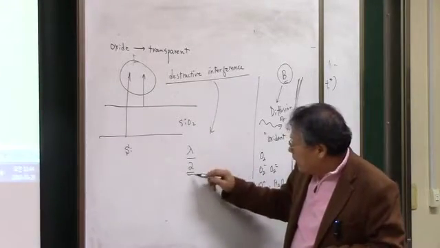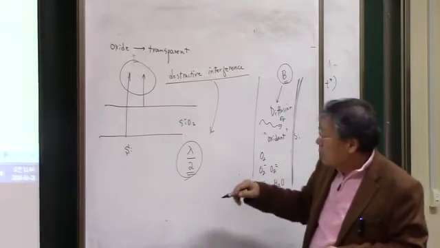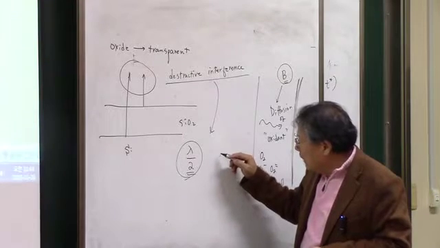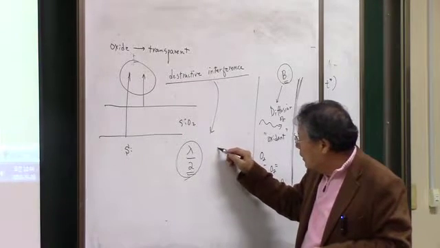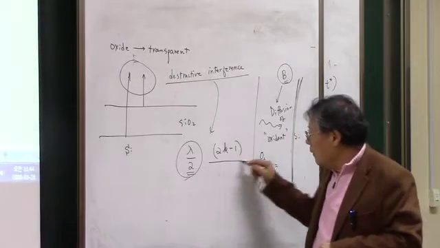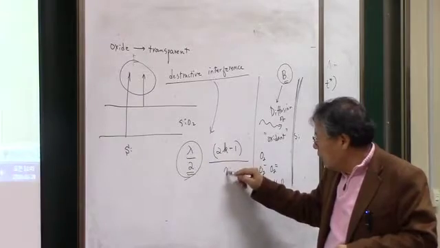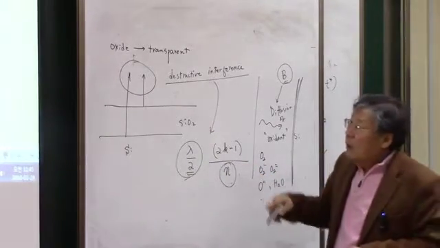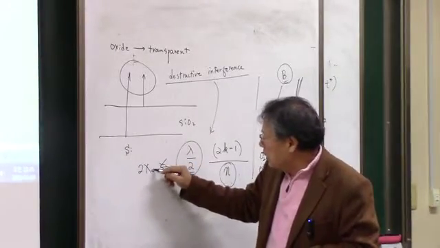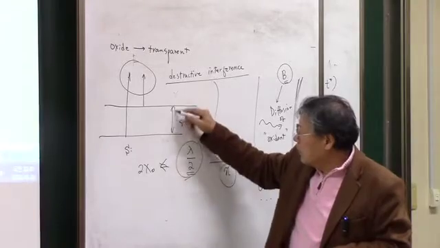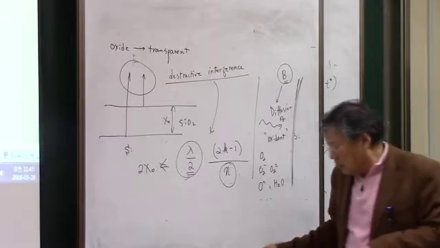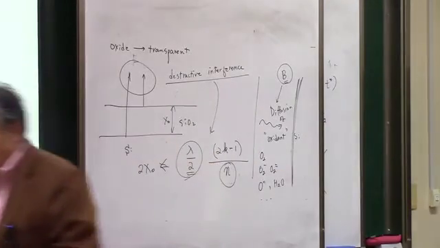So if the wavelength of the light corresponds to the odd number, 2k minus 1, divided by the refractive index in there, and that happens to the thickness of the oxide, then you're going to have a destructive interference, and they're going to give you the color optically.